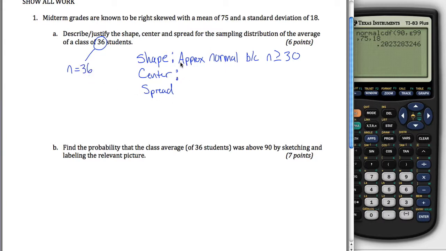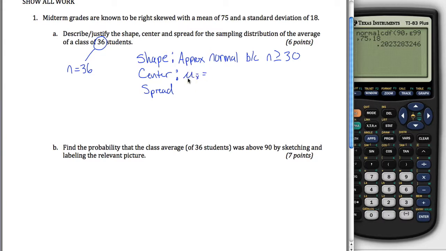The center: because this sampling distribution is approximately normal, we want to use the mean. I'm going to use some notation here. For the center, I want the mean. The notation I'm going to use for the mean is mu sub x bar.